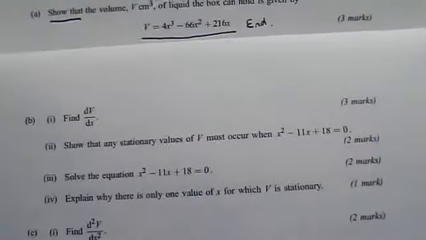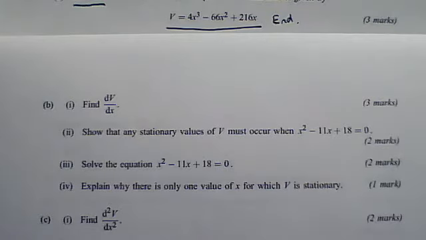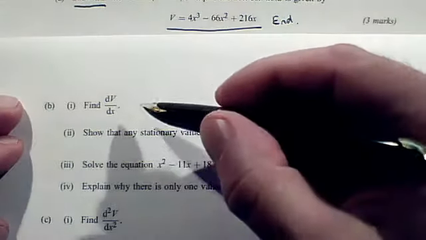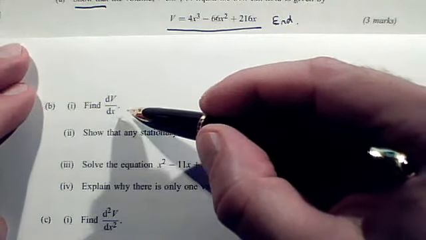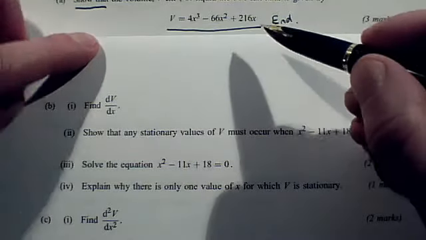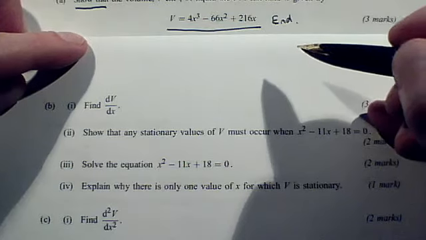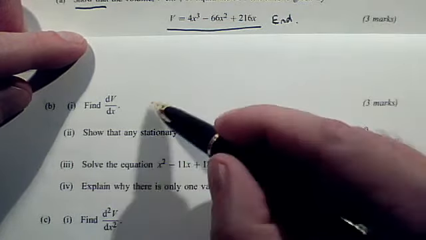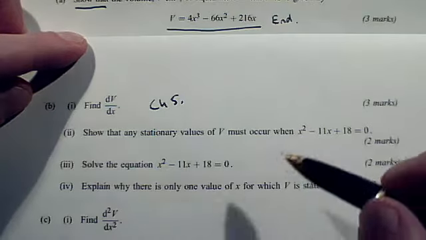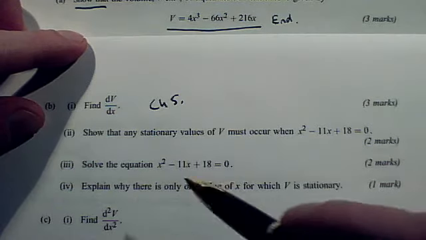Here we go. Okay, so now we've got V. In B.1 it leads you through the process. Find dV by dx, so use your rule for differentiation from chapter 5 to differentiate powers of x. Look up your notes on chapter 5 if you've forgotten how to do that.